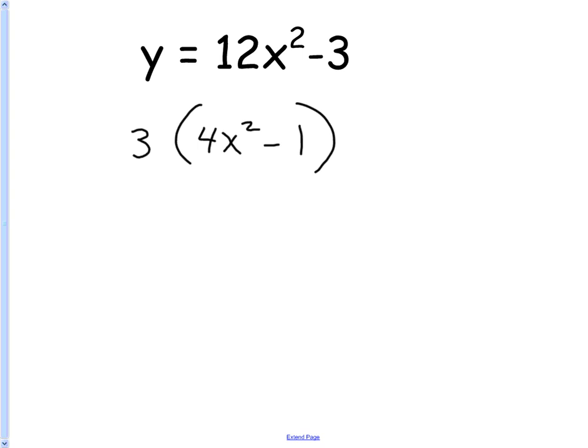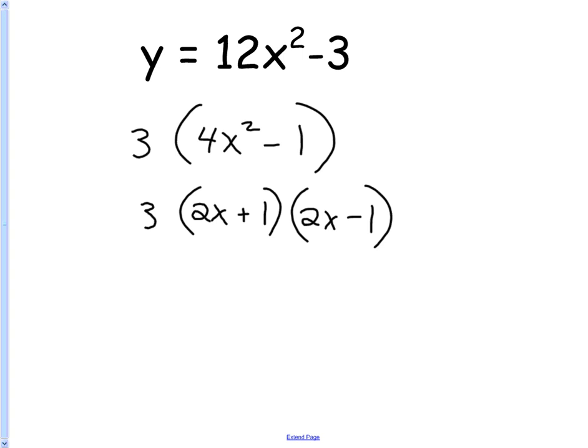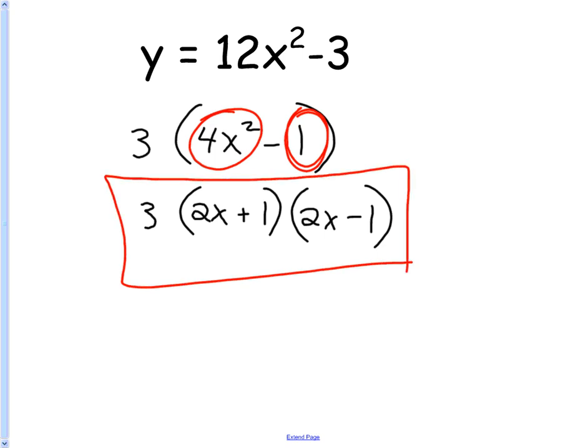Who went farther? Tell me how. I put it into 2x and 2x, plus 1, a plus 1 and a minus 1. Is that one of those difference of squares things? Yes, it is. Because why? Because that's a perfect square, and so is 1. A lot of people forget about 1. 1 has a square root of 1, so it works nice for those. All right. Final answer's right there.